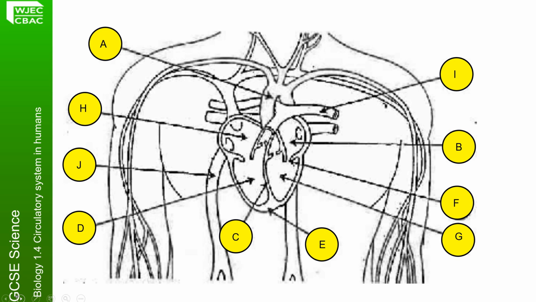So, looking at these labels, I'll go through them alphabetically. We've got A is pointing to the aorta. B is our left atrium. C is the septum. D is the right ventricle.